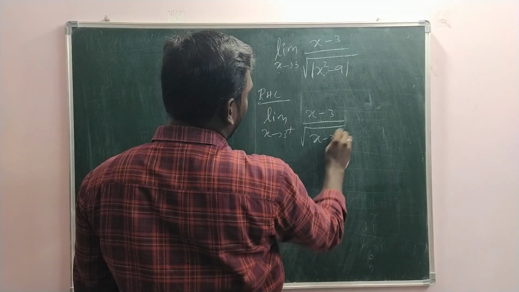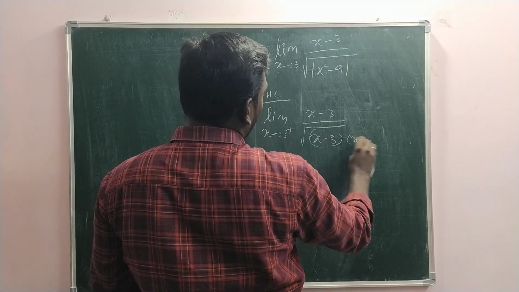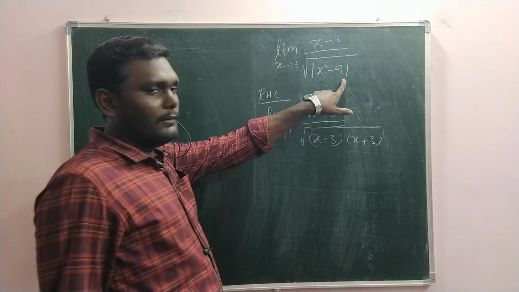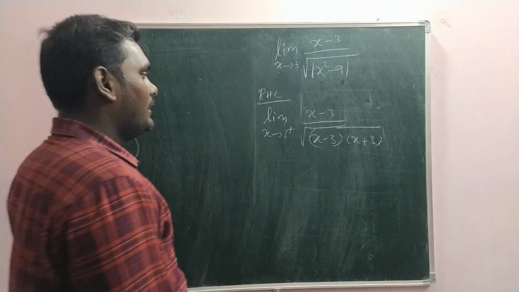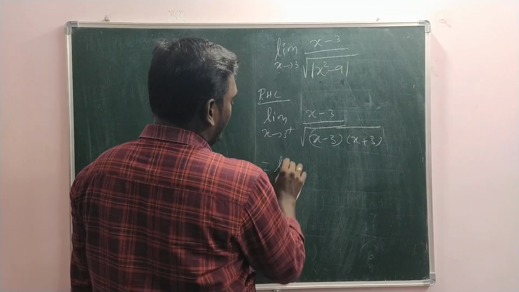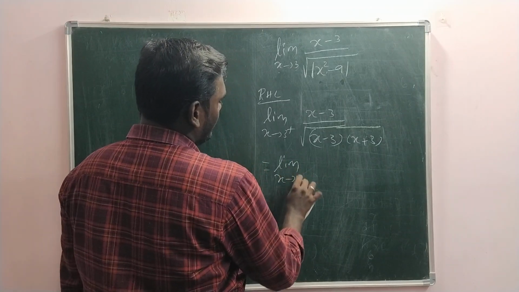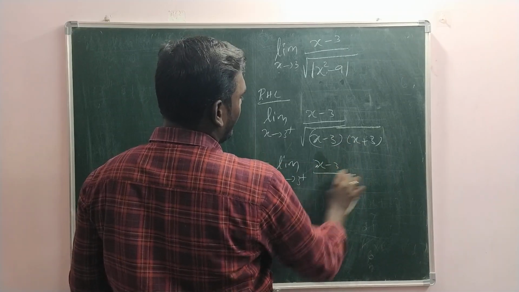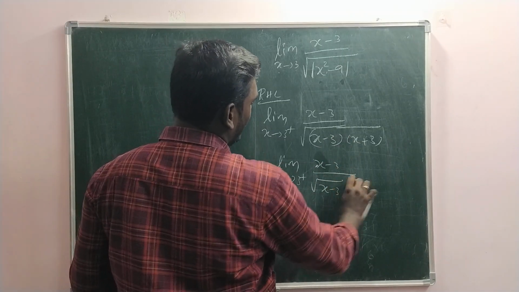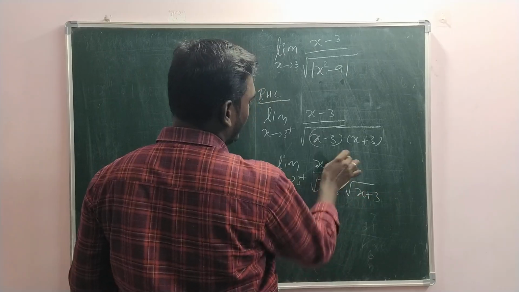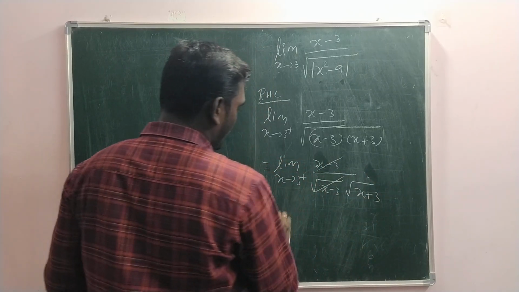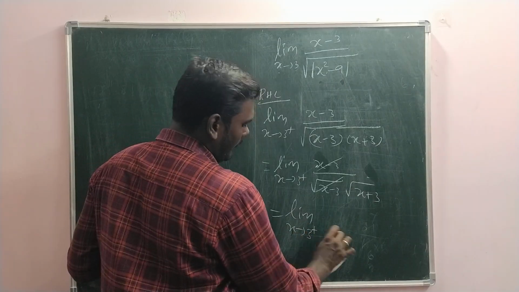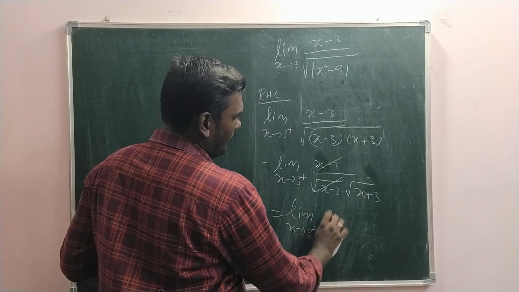Square root of x minus 3 into x plus 3, because that will be fully positive. Then we can substitute x tends to 3 plus, this is x minus 3 into root of x minus 3 into root of x plus 3. These things can be simplified.